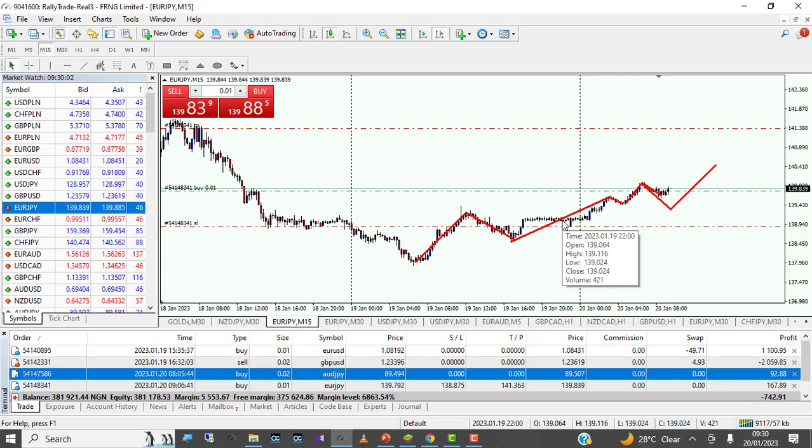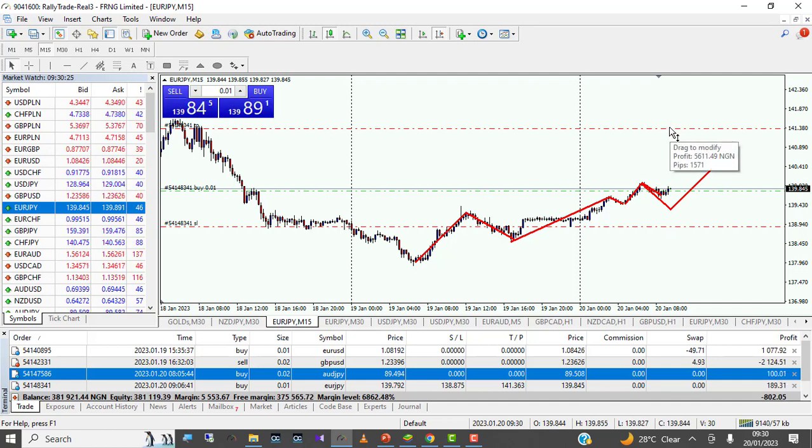And after taking a trade, even though it is looking like you're going to make profit from it, it is best for you to also protect the trade. Every trade is a risk you're taking on the market. So you protect your capital by setting a stop loss level and of course a take profit level.